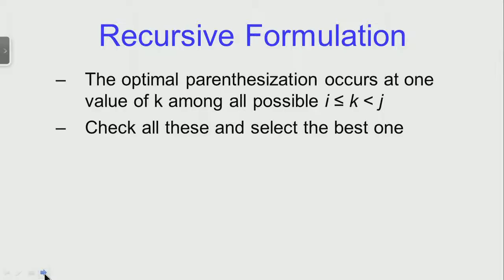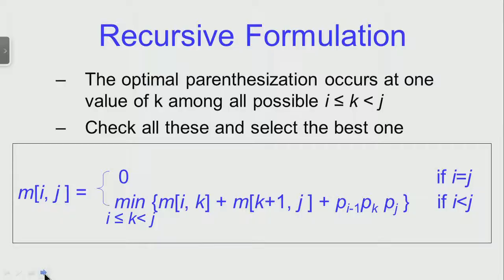To complete the recursive formulation, let us observe that the optimal parenthesization occurs at one of the values of k between i and j. We do not know which one it is, but the algorithmic idea is very simple. We check all the possible values of k in the range i to j and select the one that gives the least value, and this specifies completely the recursive formulation of m[i, j]. If i and j are the same, it is 0 because we do not have to perform any multiplication.